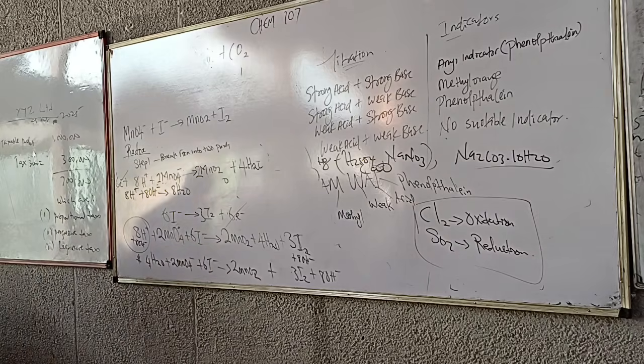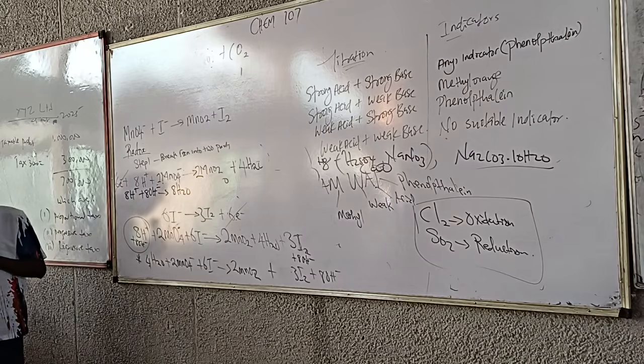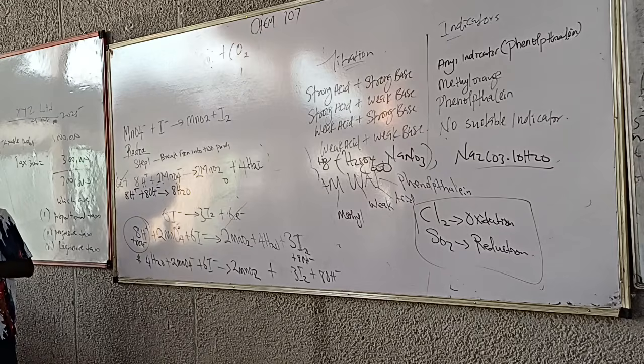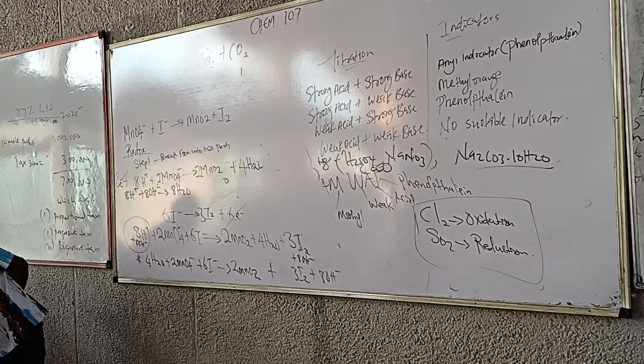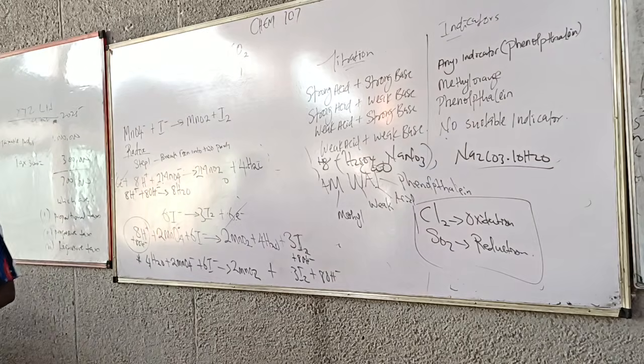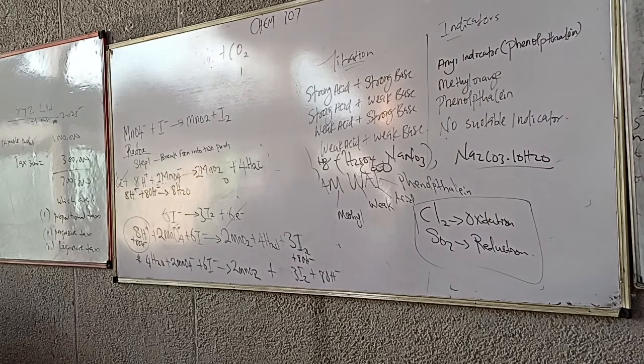So is there an option that tallies with that? Which option is that? Is it A? I think it's A. No, it's not A. Check very well.